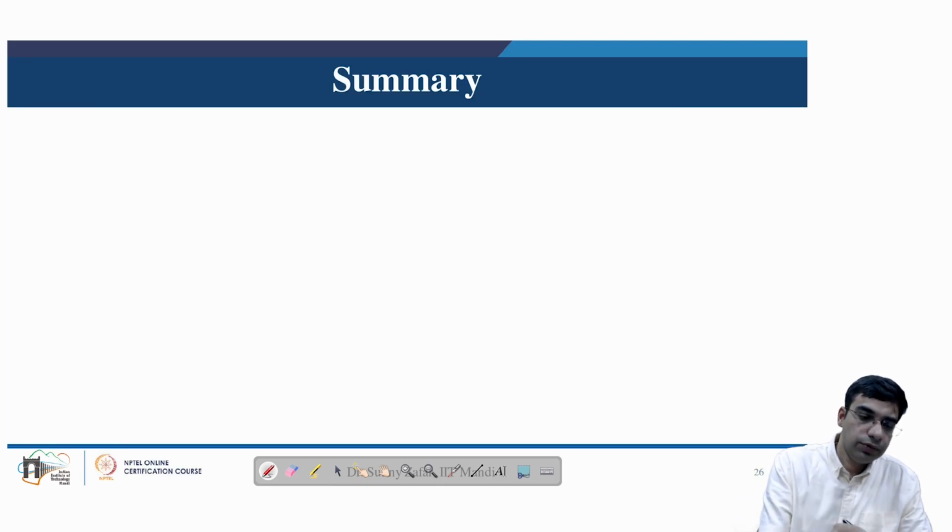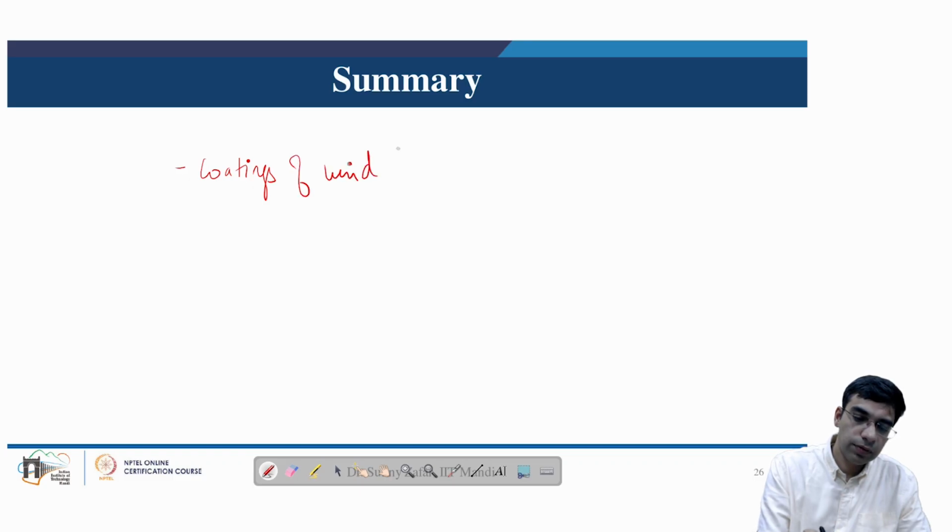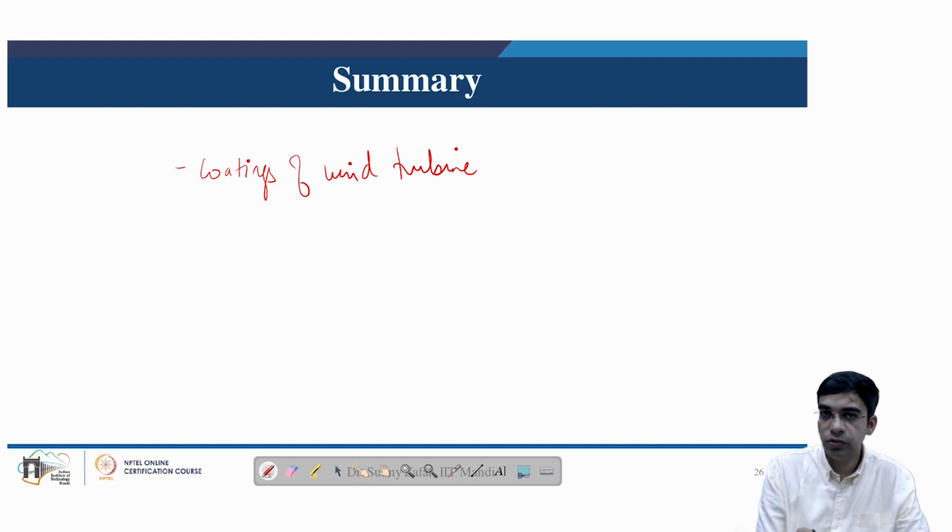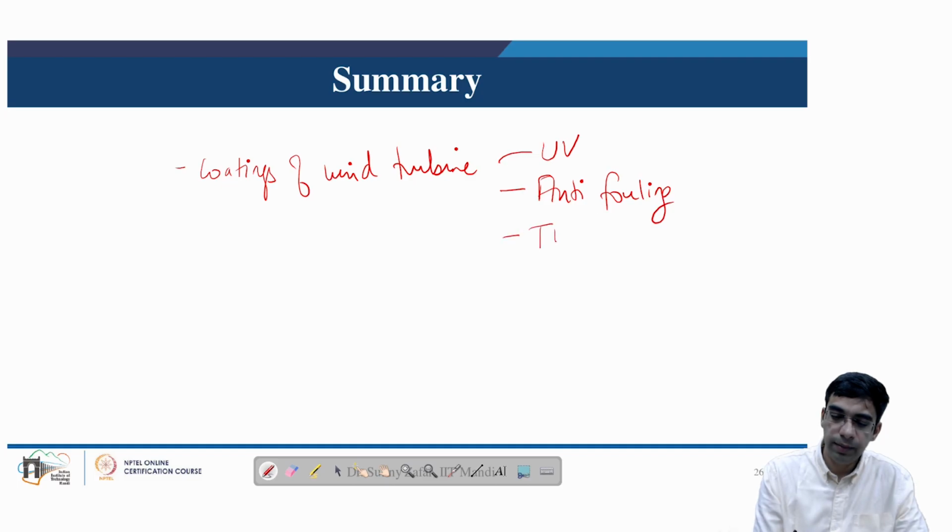So in the summary of today's lesson, we have seen the various types of coatings which are used on the wind turbine blade. So we have looked at the formulations of all these coatings which are used for ultraviolet resistance. We have used anti-fouling coatings. We have looked at details of thermal barrier coatings. We have looked at advanced nano coatings.